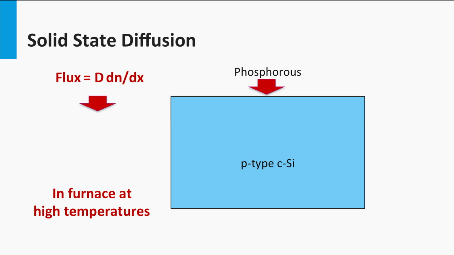One of the processing methods to make the emitter layer is by solid-state diffusion. The wafers are placed in a furnace where the dopant atoms are present in the atmosphere in the form of phosphine. These atoms react at these high temperatures with the surface.